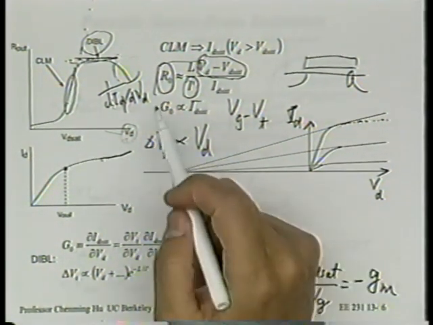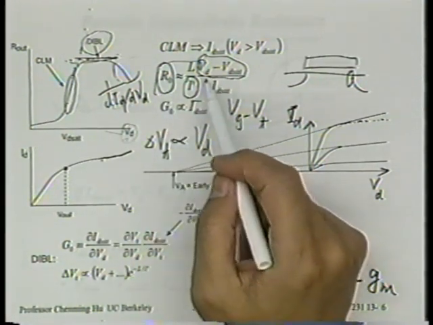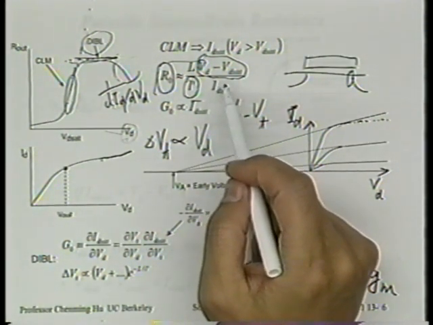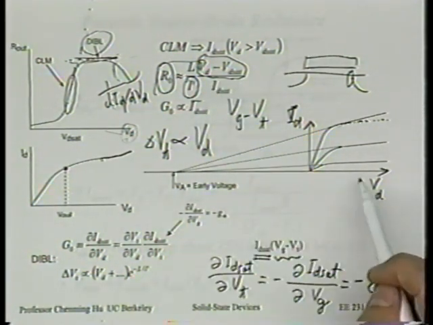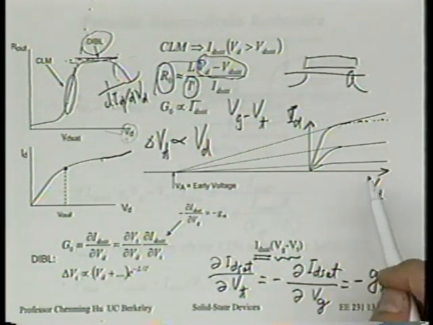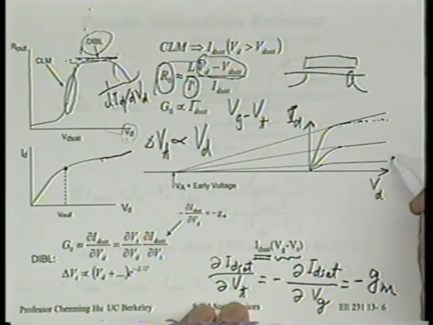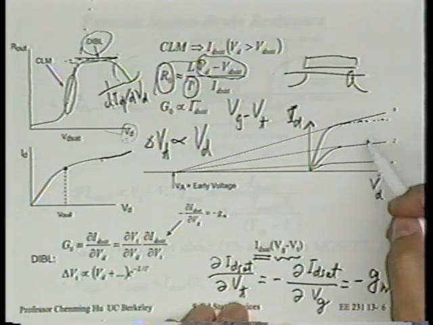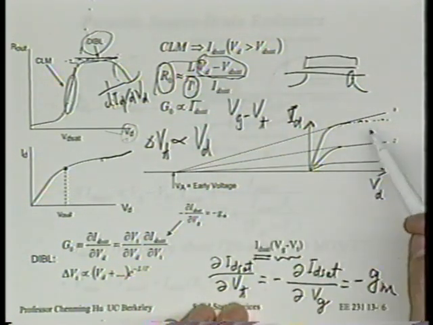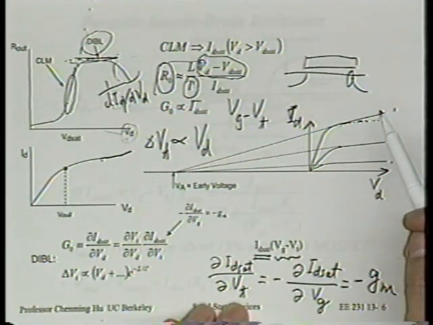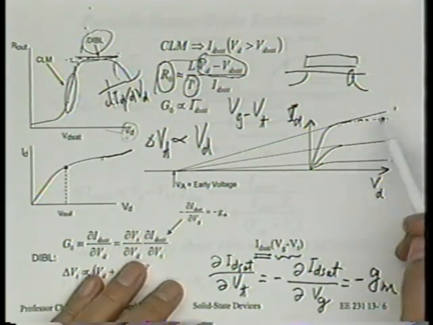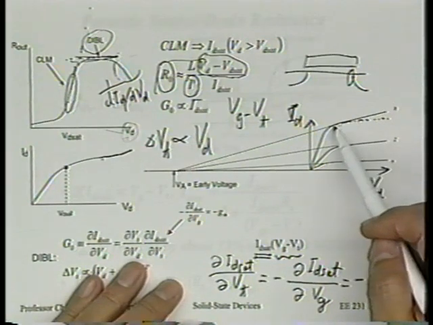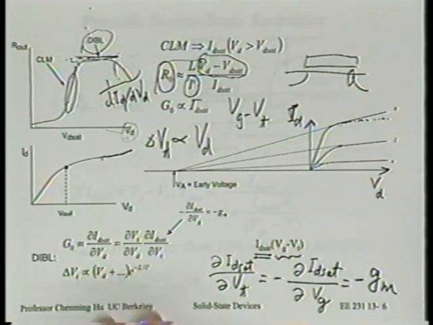If R out is inversely proportional to ID set, what that means is that if we look at several different Vg curves, each of them has a different ID set. The one with the larger ID set, namely larger ID, would also have a larger gradient, larger slope.